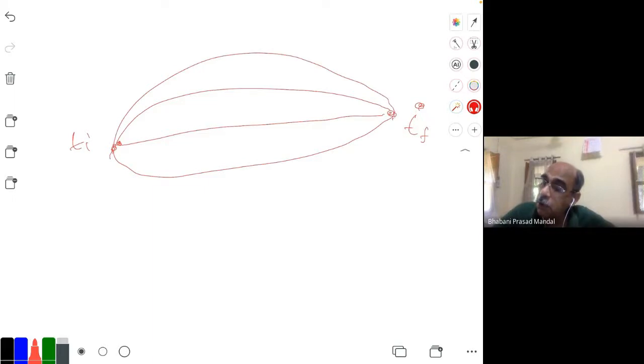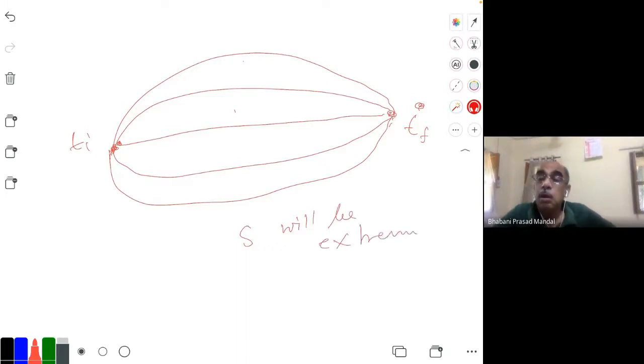For example, from hostel to department, you can go directly. You can go via VT. You can go via Lanka. You can go in infinitely many ways because two points can be connected. So Hamilton's principle says among these infinite paths, it will choose that path where your S will be extremum.